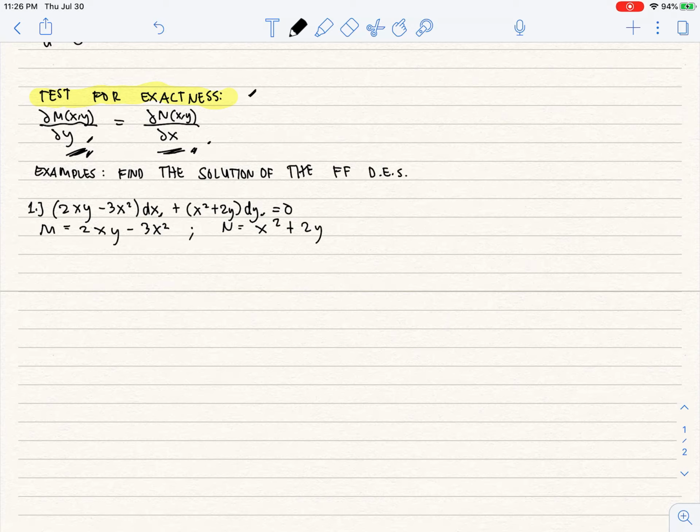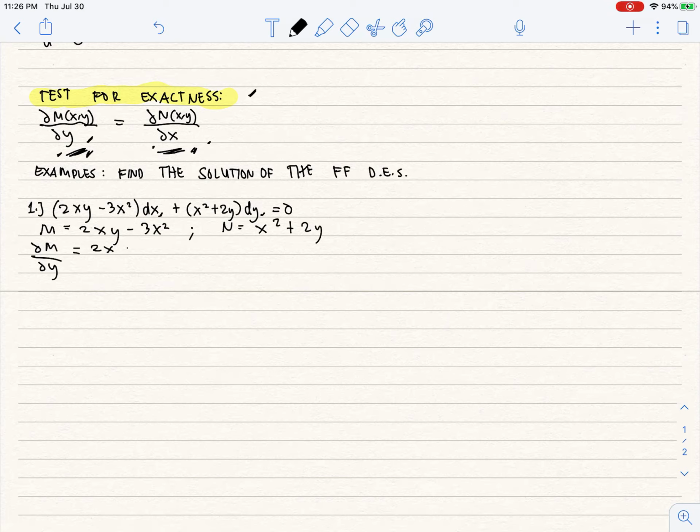Okay? The next is the formula from earlier. So solve for the partial derivative of M with respect to y. We are going to differentiate this with respect to y. So 2x here is considered as a constant. So copy the constant and then derive y, which is just 1.